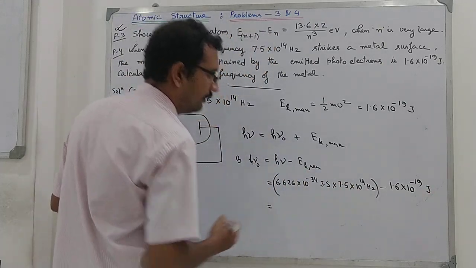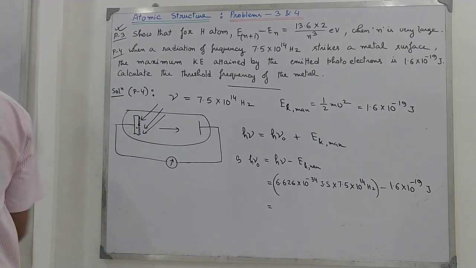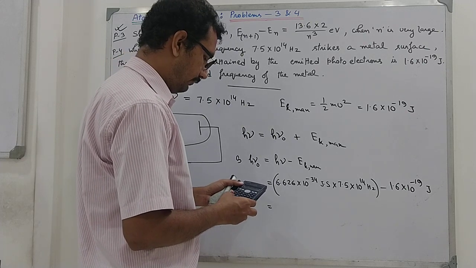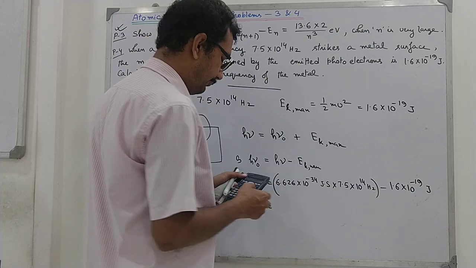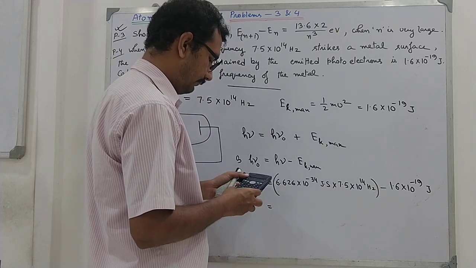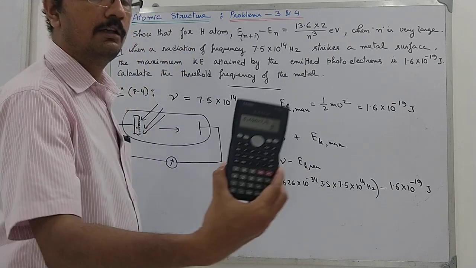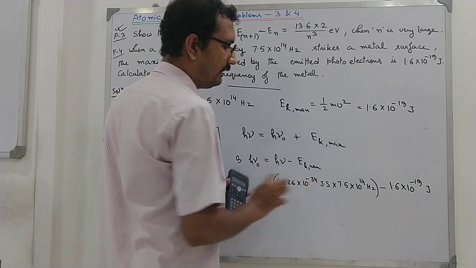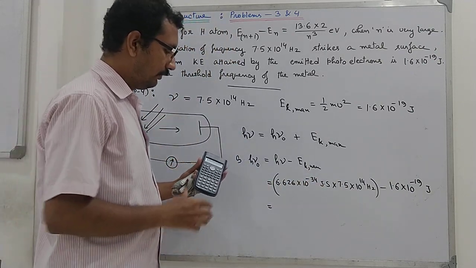Now we must calculate it. So we need a calculator here. 6.626 into 7.5. While calculating, please don't put these powers within the calculator. That may cause severe error.